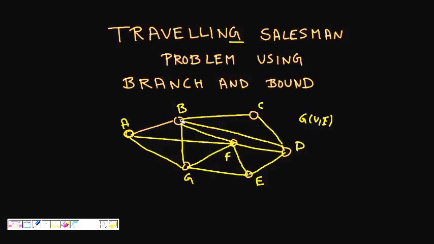So A to B, B to C, C to D, D to E, E to G and G to A is a simple cycle where we start from A and reach back to A, and this is a traveling salesman cycle. Our aim is to find the minimum traveling salesman cycle, the one with the smallest cost.